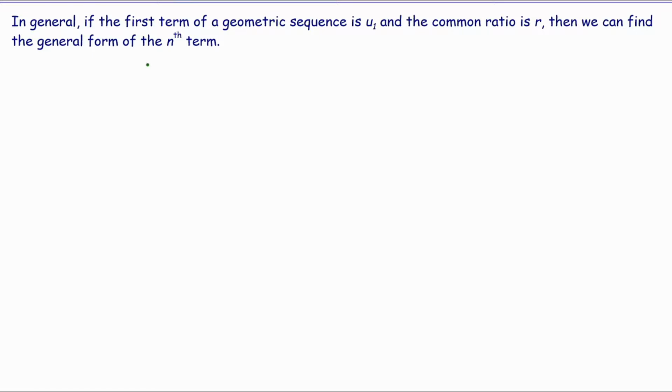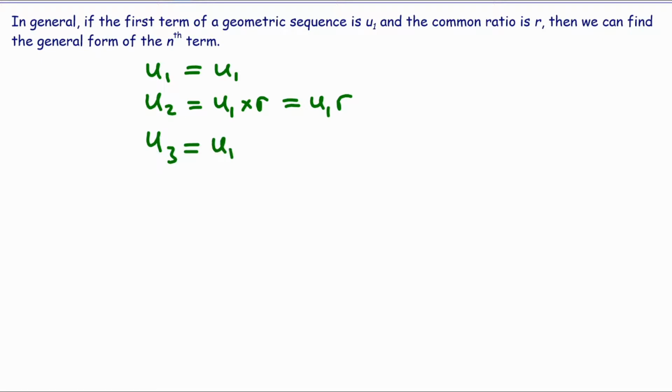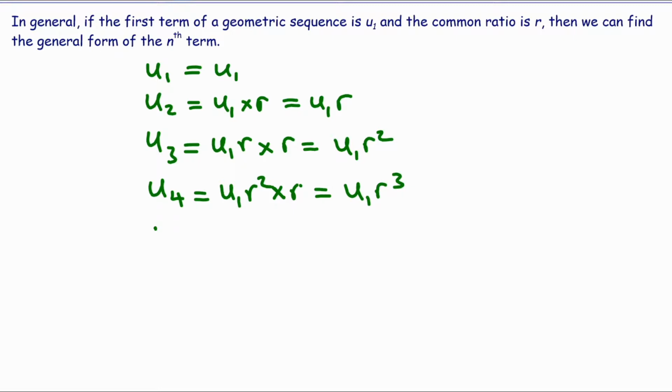The second term: to get it, you multiply the term before it by the common ratio, so this will be u1 multiplied by r, which is u1r. The third term will be the second term, u1r, multiplied by r, which is u1r squared. The fourth term will be the third term multiplied by r, which is u1r cubed.